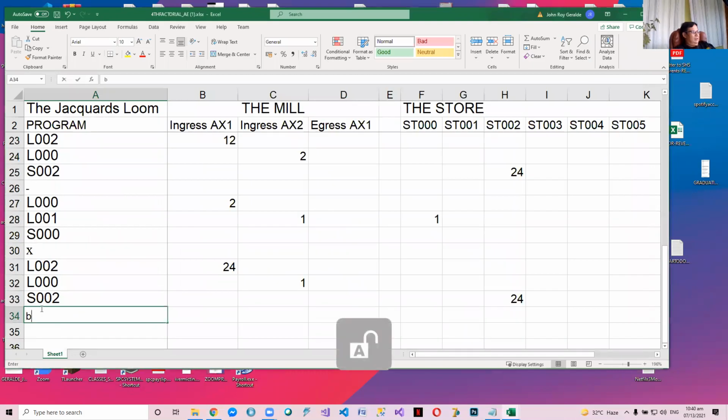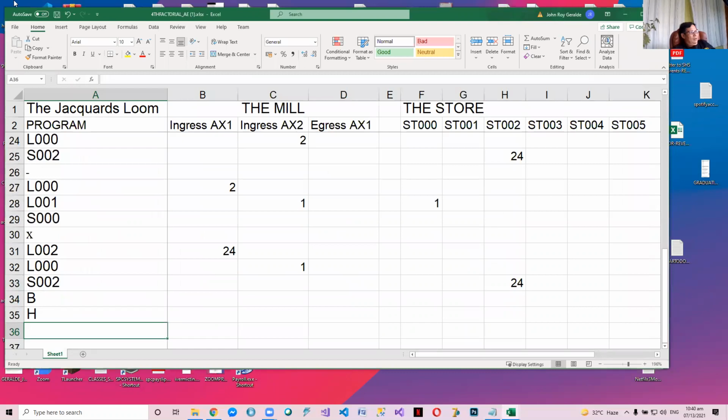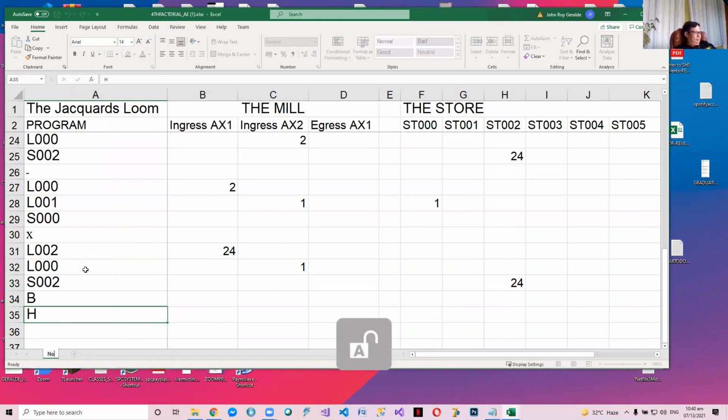So we will have a bell here. We'll have an H. Okay. H means halt, which means the Jacquard loom will halt. Okay. Now, this is the non-repeating. Without loop.